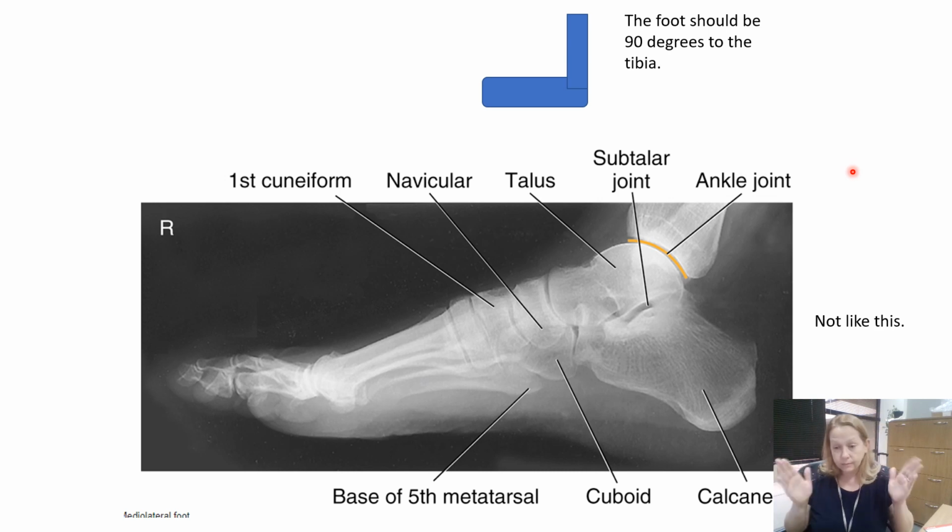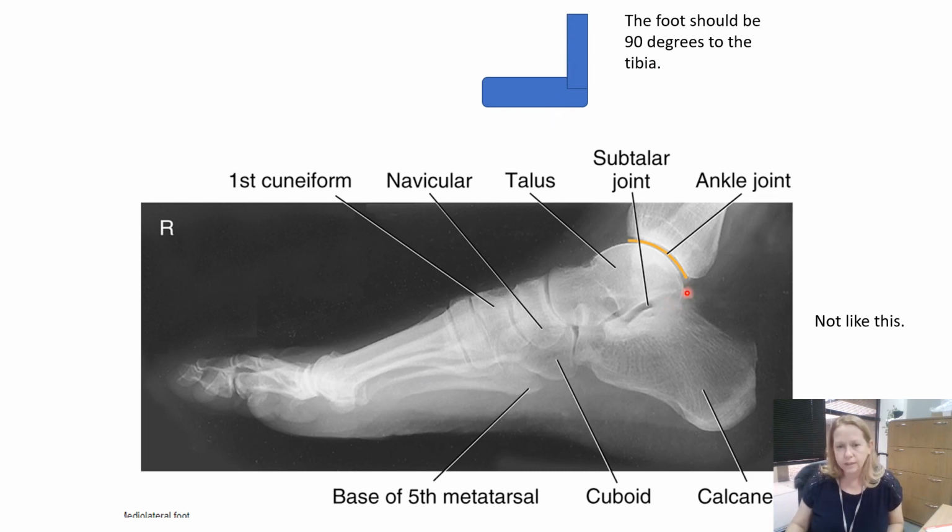So I'm going to stop you right here. This image came out of the book and I already don't like this image. This foot x-ray should be 90 degrees from the tibia like this, and I believe if it's an example that's in the book, it should probably look right, but I digress.